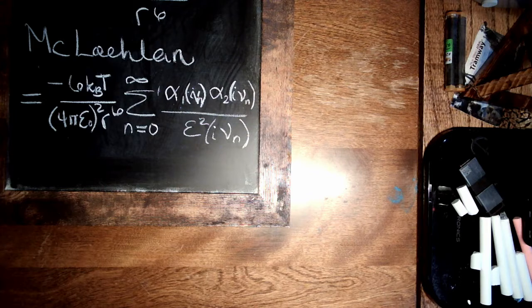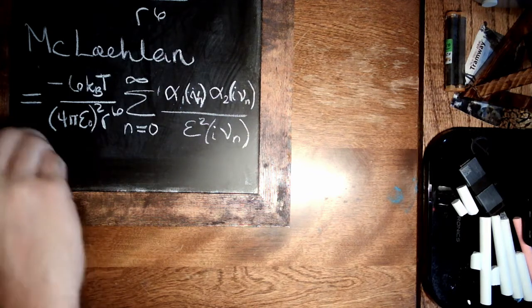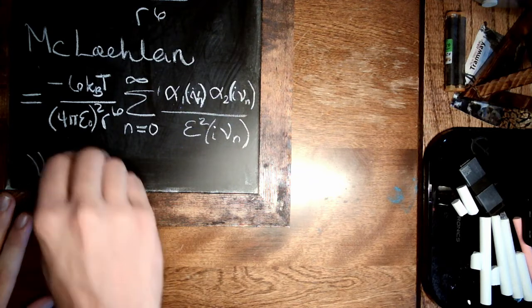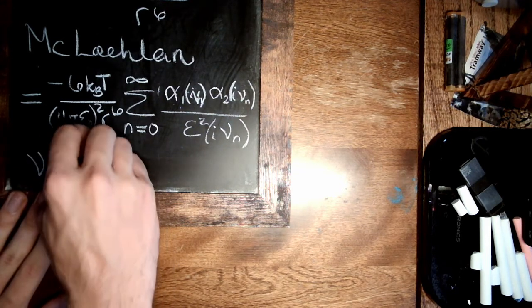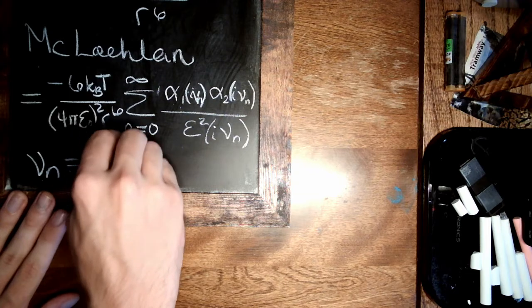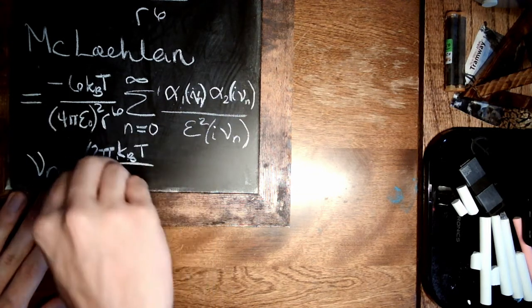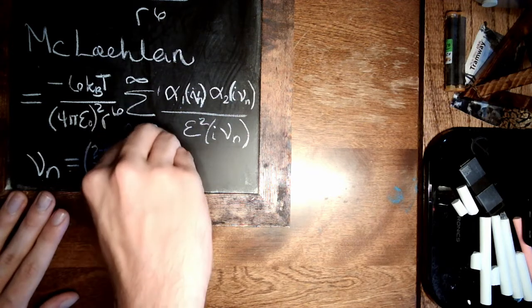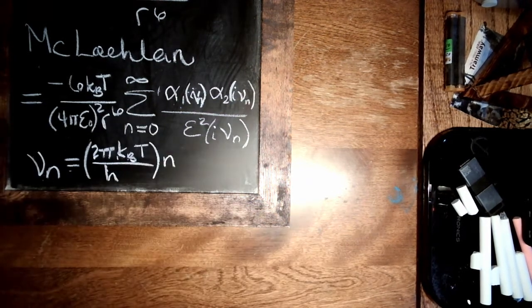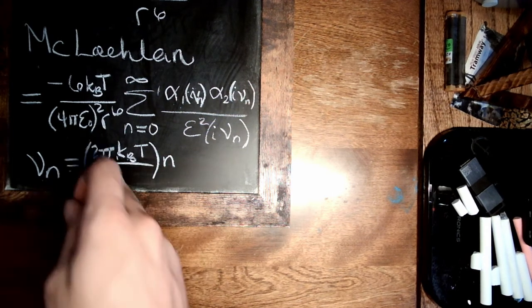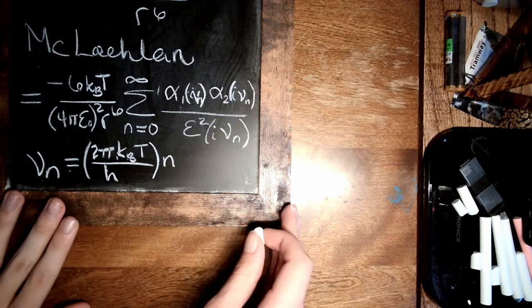And in general, we could write down an expression for the nu n in terms of the energy of the system. So we say it's going to be 2 pi kBT divided by h times n. So you have just the different n's of the different energy levels of the system. And we can combine h over 2 pi to be h bar.